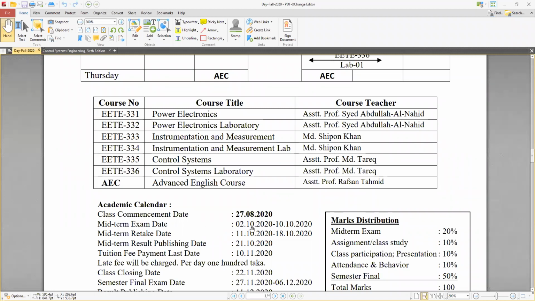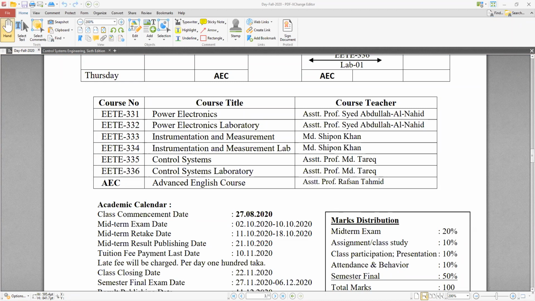Midterm exam date, 2 to 10, that is the retake time. So 2nd of October. And you would like to give the presentation after the midterm, right? After the midterm. Yes, sir.